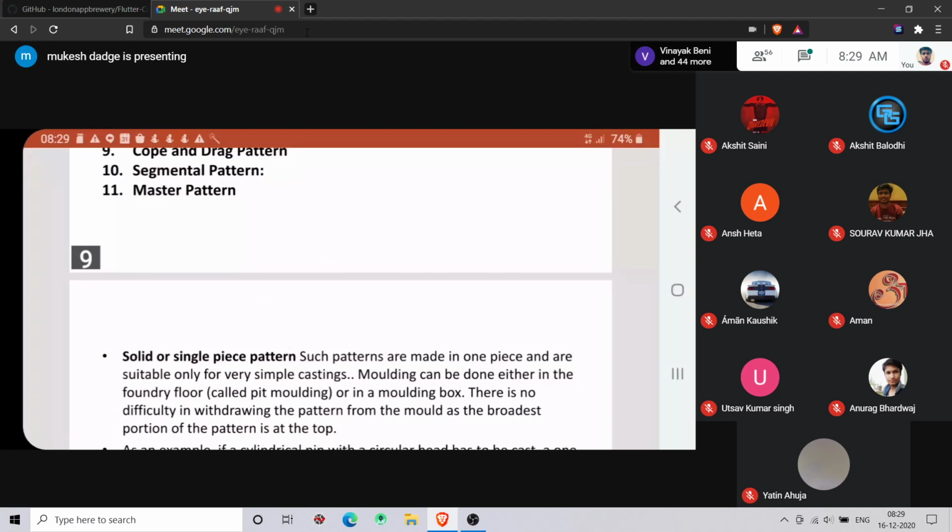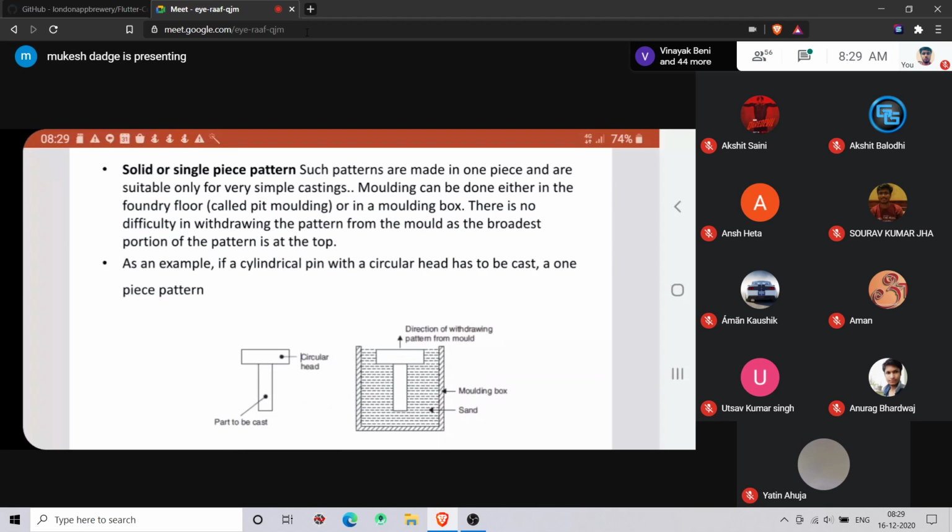So, single piece pattern. Such patterns are made in one piece and suitable only for simple casting. Simple shapes, circular, T shape, so you can go for the single piece pattern. Molding can be done either on the foundry floor or in a molding box.